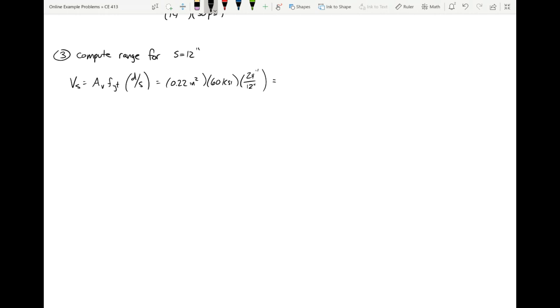And so when you plug and chug, that'll give you 26.4. This is a shear, okay? So the units are in kips. So again, what that's saying is if I use S equals 12 inches, I'm going to get a capacity from the steel of 26.4 kips.